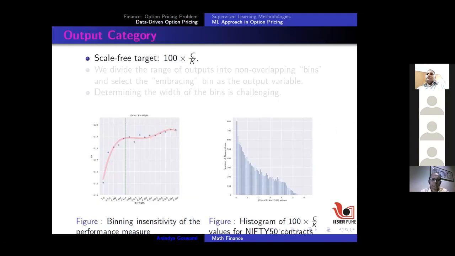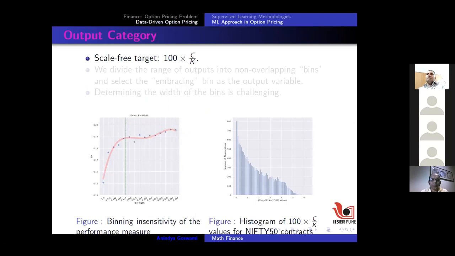Also, as I told earlier, the homogeneity hint is something we have exploited to make it scale free, so that transfer learning can happen efficiently.